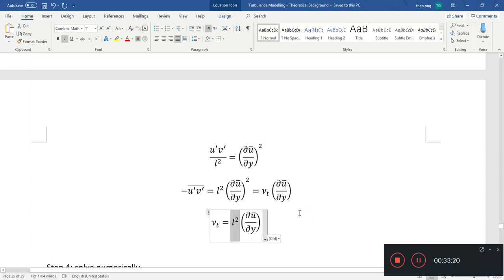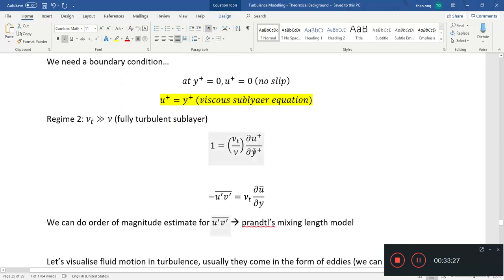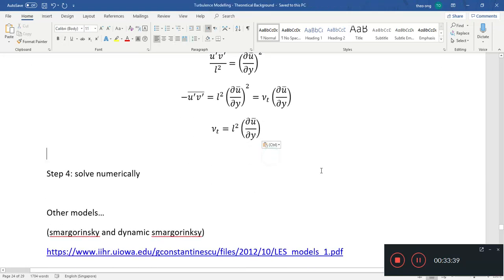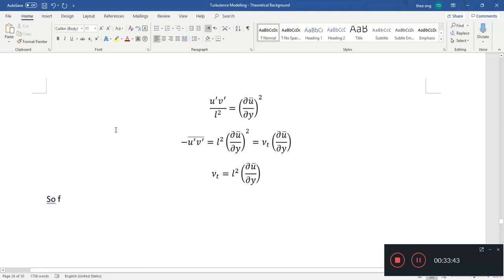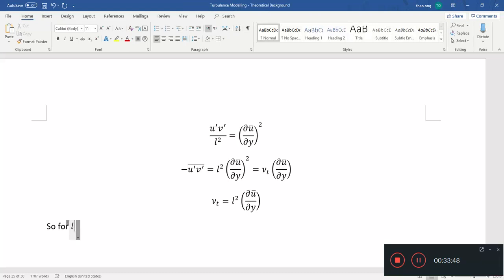But you still have to guess what L is in order to plug it back to solve this equation. So in fact, you have this turbulent viscosity here, which you must put in terms of y plus. So for L, we need this in terms of y plus.